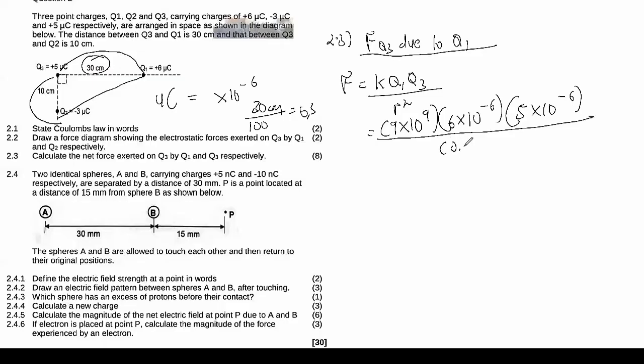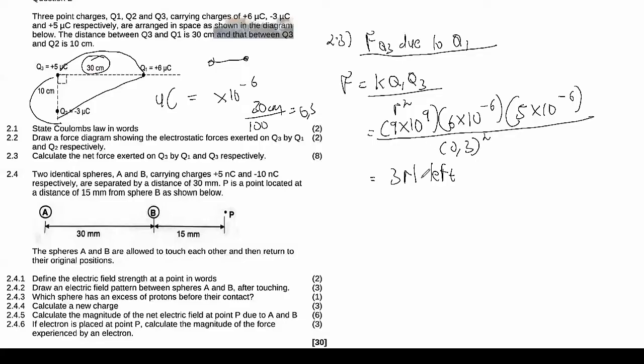And then we have our 0.3 squared. Now we have to punch all that into our calculator. So if we punch that in our calculator, we get 3 newtons. And then to which direction? Remember, according to our force diagram, this was going to the left, so we need to indicate here left, right? So okay, we are done calculating that one.